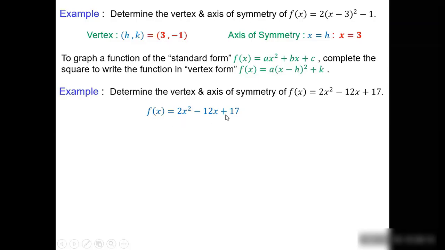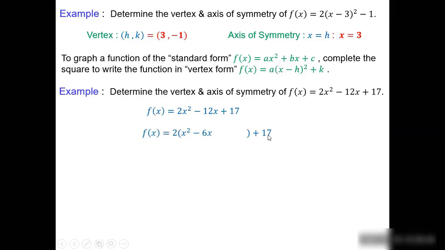So our first step is to take this positive 17 and make that the constant at the end, and then factor out a 2 from the first 2 terms. So what's in blue in this second equation here is exactly the same as the original function, except it's already starting to look a little more like vertex form.